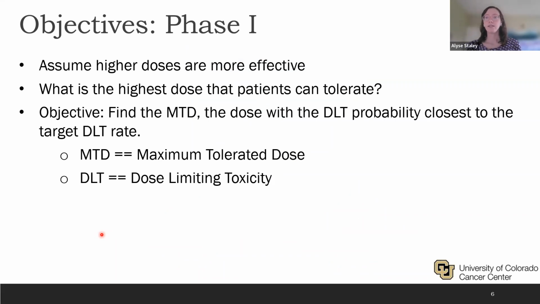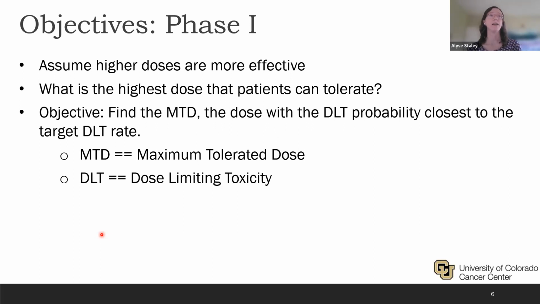For cancer applications, it's generally accepted that the higher the dose patients are treated at, the more effective that treatment will be. More formally, this is called a monotonicity assumption. Therefore, we want to find the highest dose that patients can tolerate.